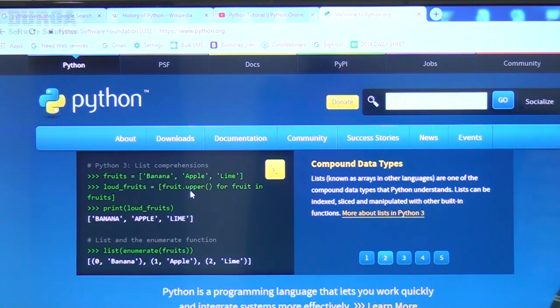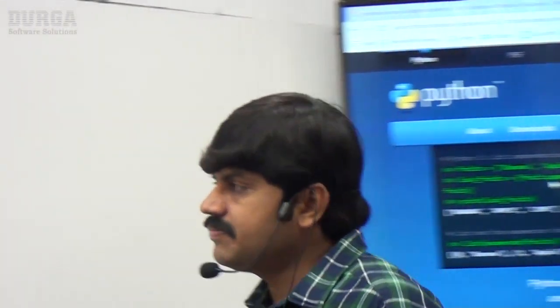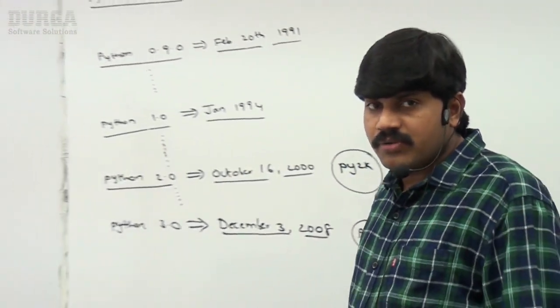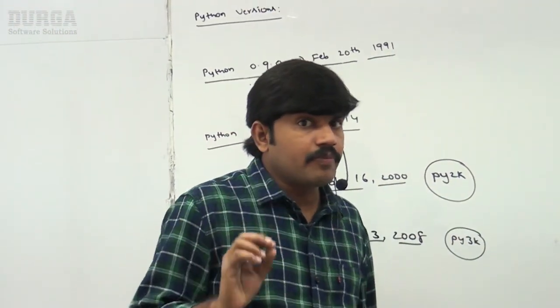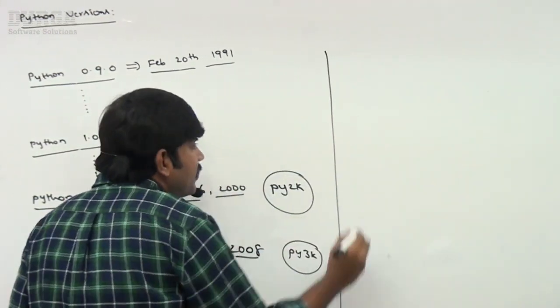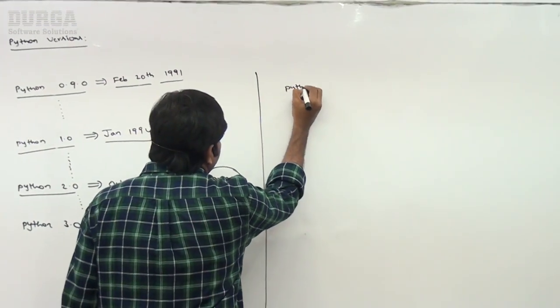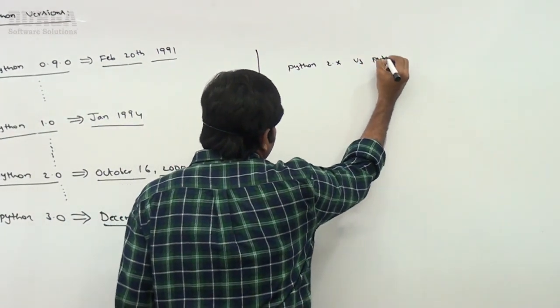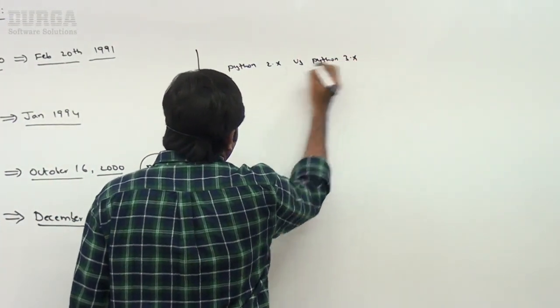Remember this one. Of course the latest is Python 3.x, right? Now I want to talk about a very important point related to Python 2.x and Python 3.x. Very important conclusion. Please listen, sir. Python 2.x versus Python 3.x.